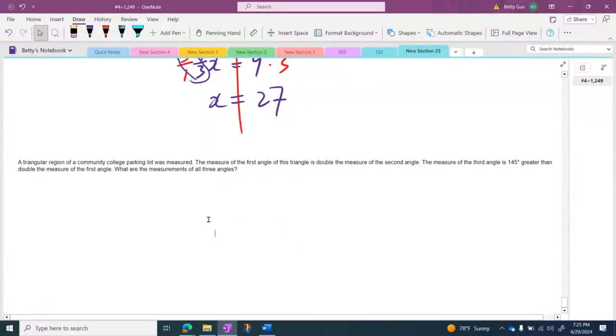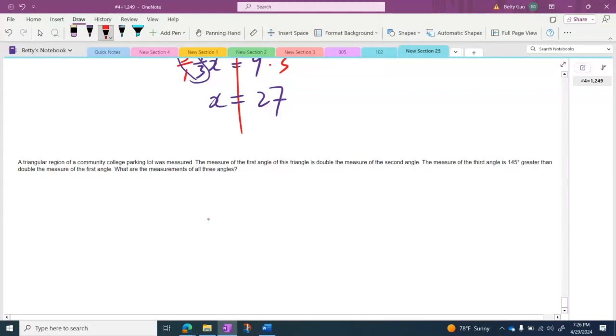A triangular region of a community college parking lot was measured. The measure of the first angle of this triangle is double the measure of the second angle.